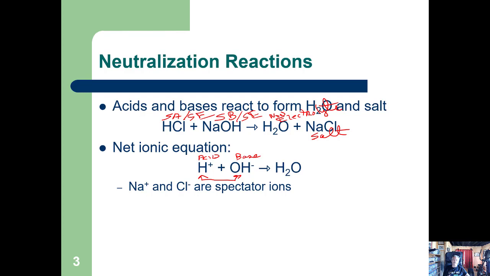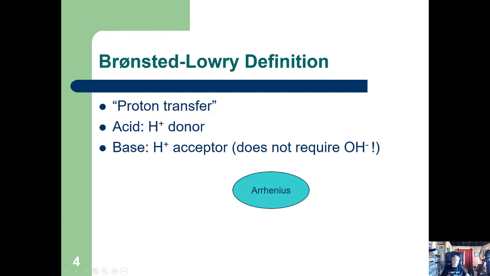They combine to form the low energy product water, the non-electrolyte. So that's the net ionic equation. Sodium and chloride are just spectator ions. So thus far, we have stayed within the context of the Arrhenius definition, and I want to remind you that the Arrhenius definition of an acid and a base always involves water, H2O.